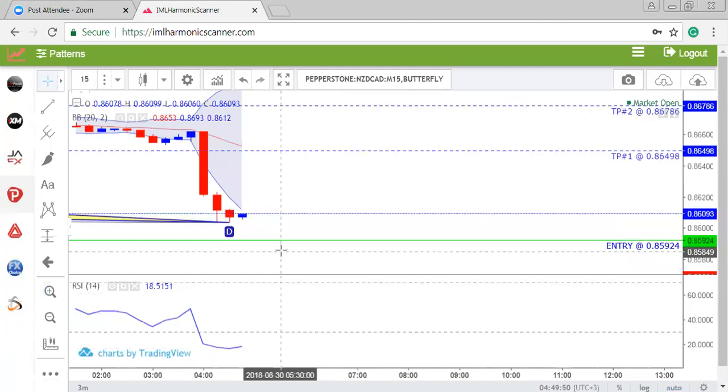Because it's blue, and there were 2 red candles before it, and then it started turning blue inside. Well, I guess my phone is too small. I can't see if the bottom of the Bollinger Band is inside. See, that's the thing. It's not inside the Bollinger Band yet. Yep, so I'd say no then.